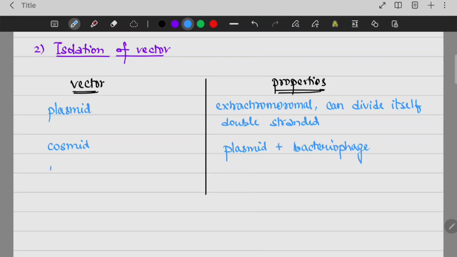Now the third one is bacteriophage. You know that bacteriophage can also transfer DNA. By taking the bacterial DNA after replication in that bacteria, the bacterial DNA is taken by the newly formed bacteriophage and it transmits to the other bacteria they are infecting. Bacteriophage can be a medium. They are viruses.